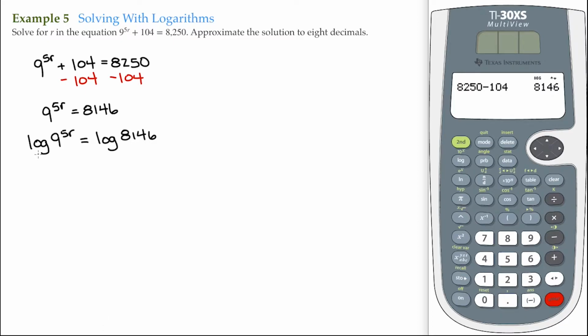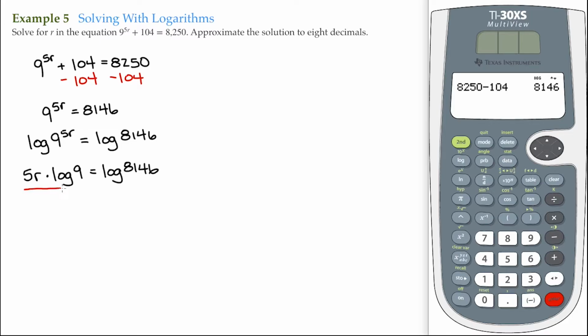Now, what the power property of logarithms says is that this left-hand side can be written as 5r times the log of 9. That's equal to the log of 8,146. I can continue now with algebra. I can then solve for r.